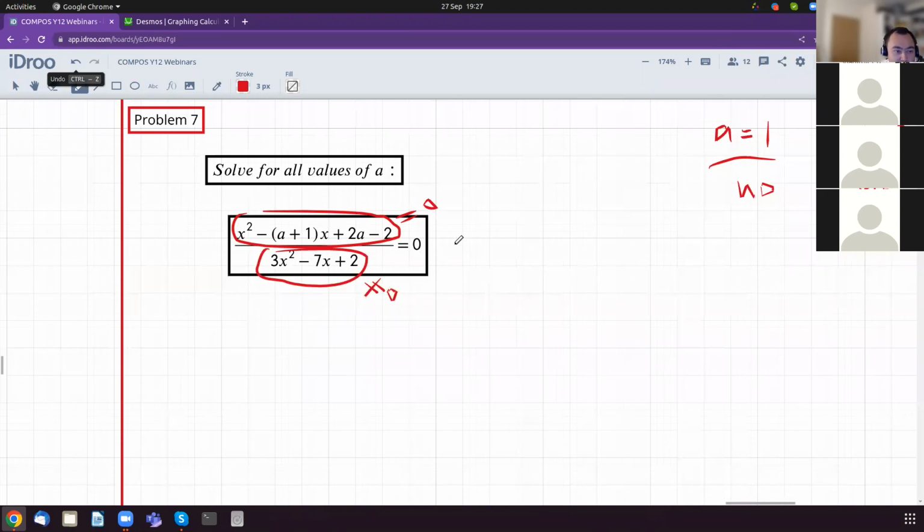So let's do the denominator first: 3x squared minus 7x plus 2 is not equal to 0.